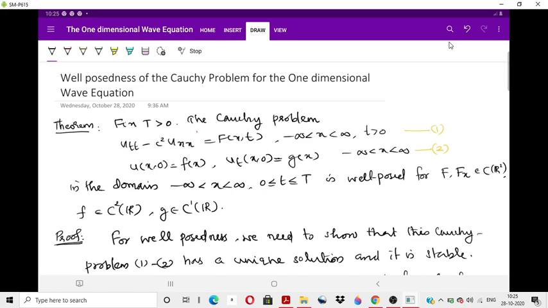The theorem is: first fix capital T greater than 0.